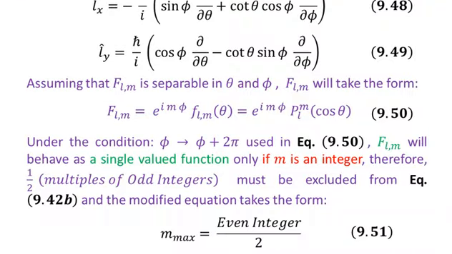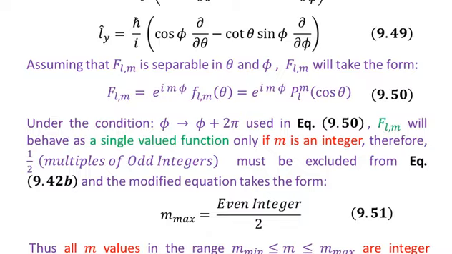And then you can operate on the azimuthal part of the wave function by the raising and the lowering operator to generate different wave functions of the problem.